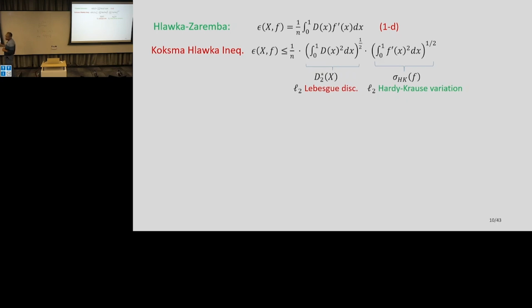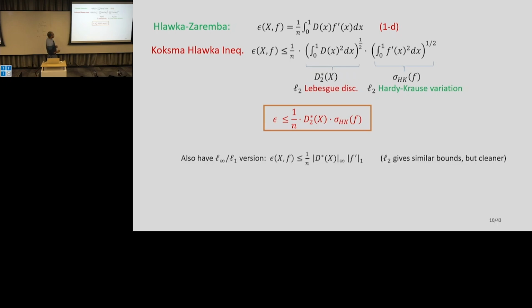So any questions about this formula? Because this will be a main character of our talk. So basically your error is 1 over n, which is great, and then determined by these two things, Hardy-Krause variation and how well your points are placed. Okay, so this is a compact way of writing it. We'll mostly look at the L2 version.